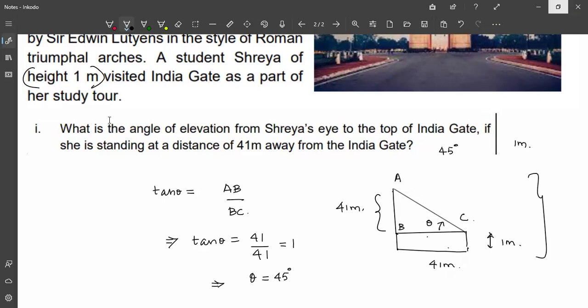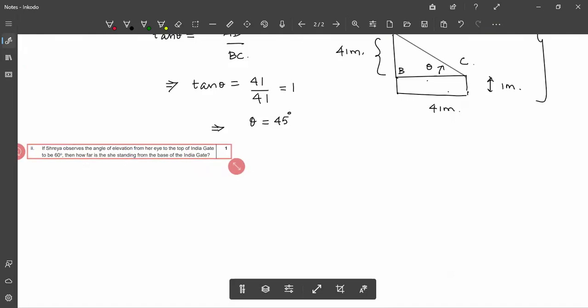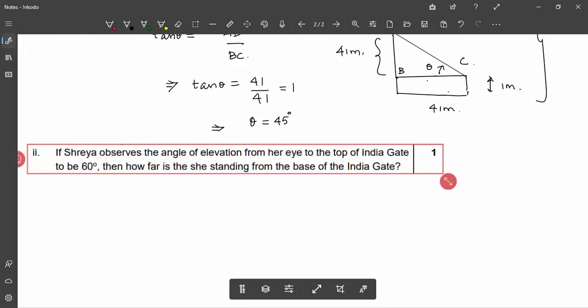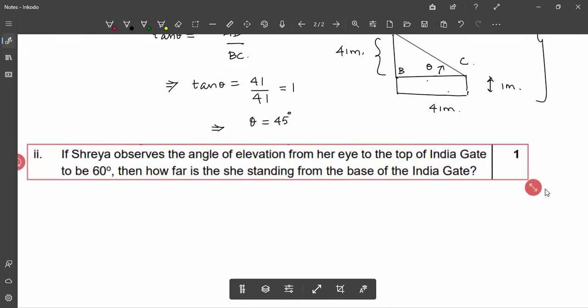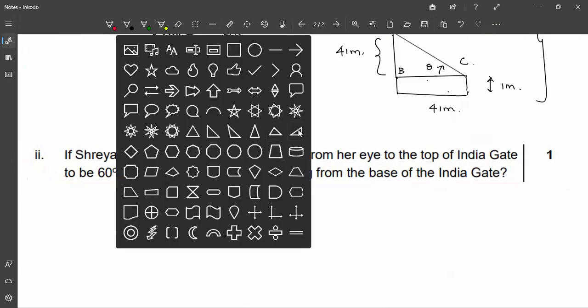Moving on to the next question. If Shreya observes the angle of elevation from her eye to the top of India Gate to be 60 degrees. Now, we need to redraw this triangle.